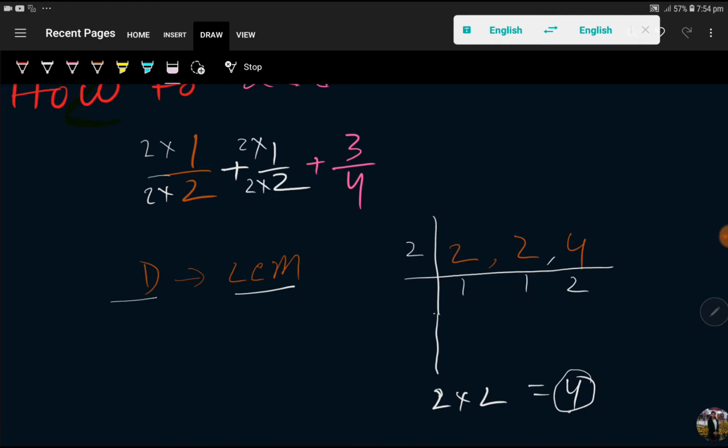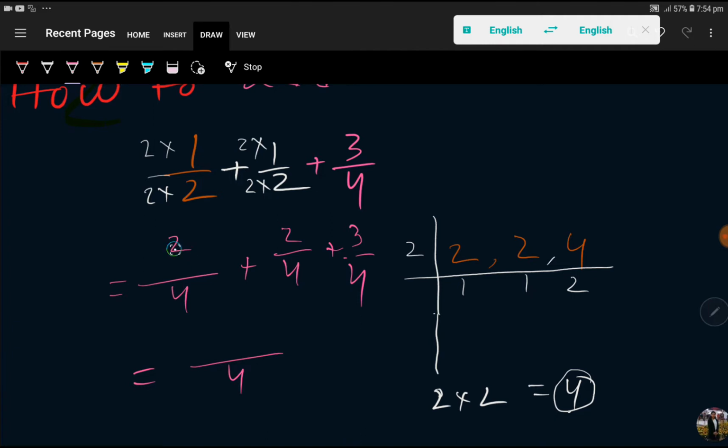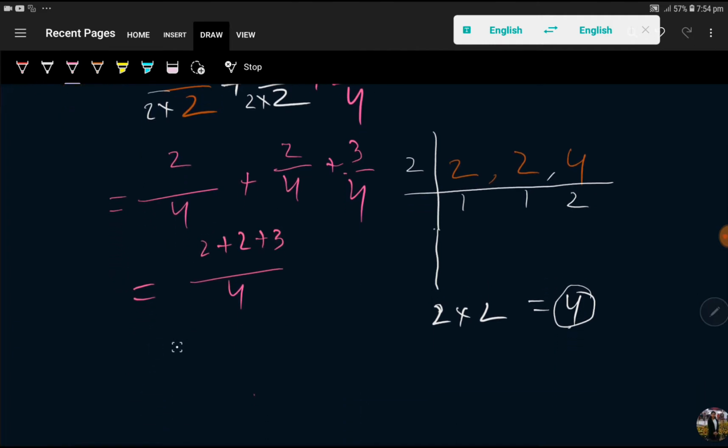So now look, we are getting 2 over 4 plus 2 over 4 plus 3 over 4. So 4 on the bottom, and we are getting here 2 plus 2 plus 3. So we are getting 7 over 4, right?